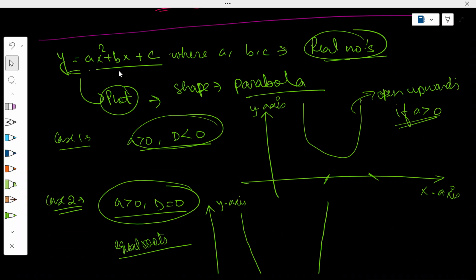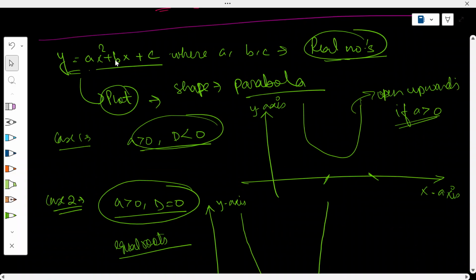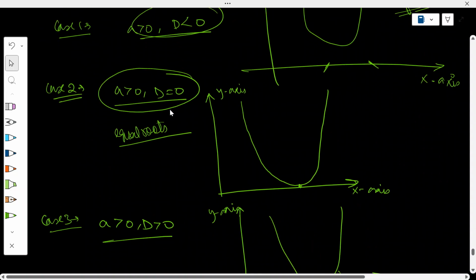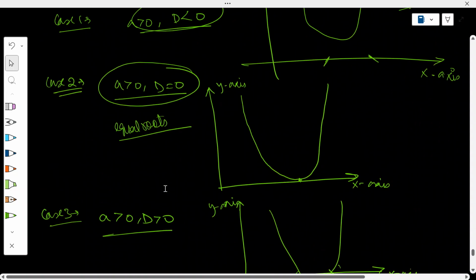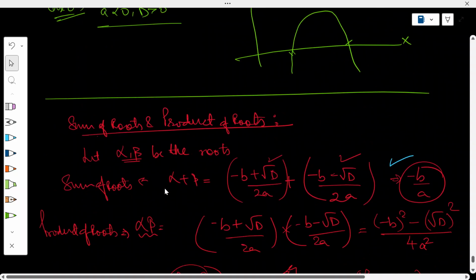The shape of this equation would be a parabola, and we discussed multiple cases like a positive, d negative, and the cases where d is 0 and a is positive, a is negative. So in all we covered 6 cases.